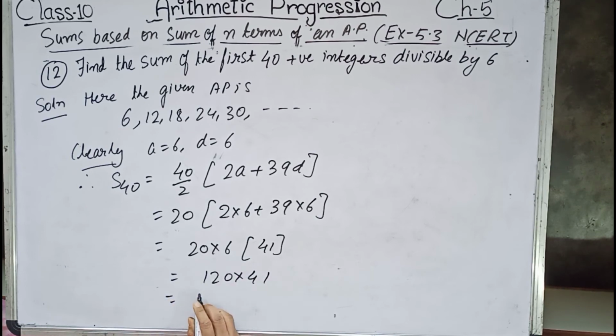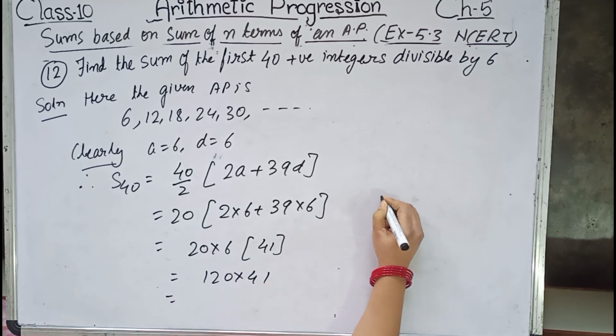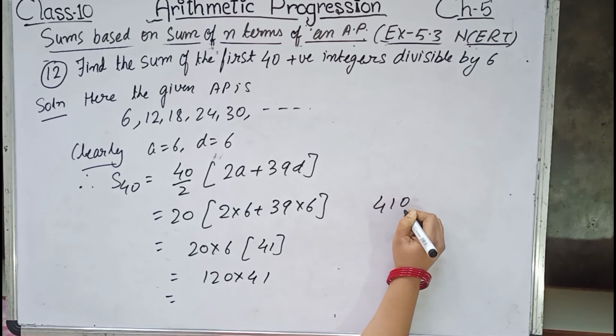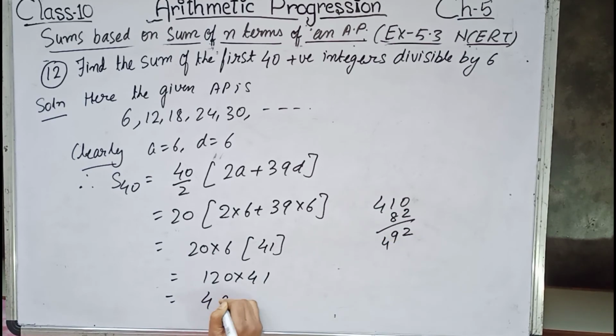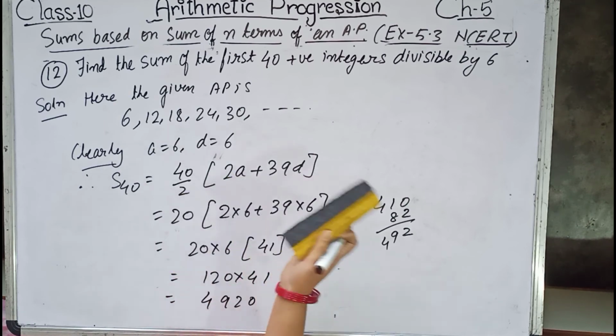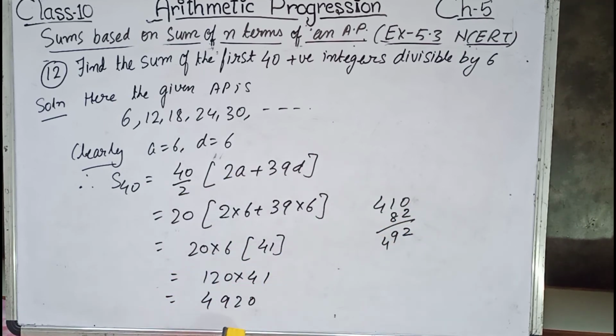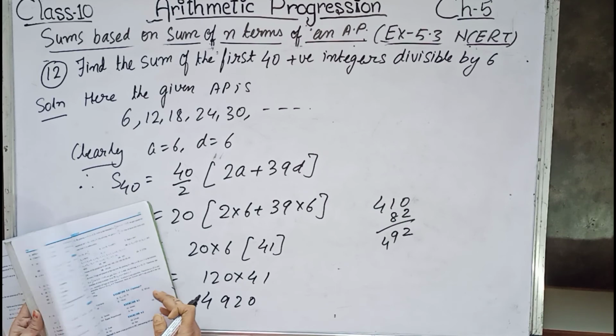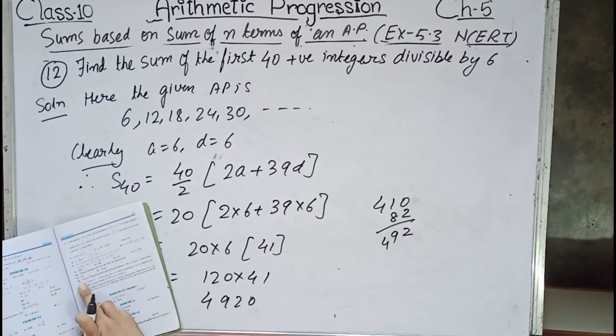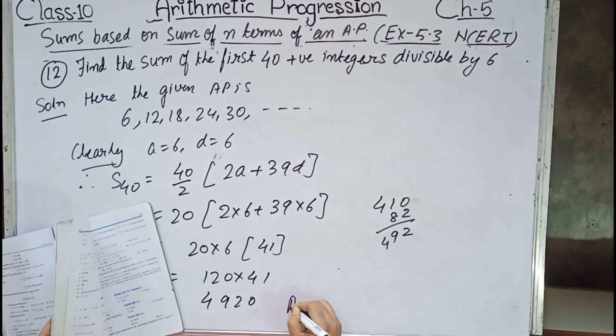So over here 41 into 12, so 410, 4920. Calculation part please do by your own, so that you should be confident in calculation. So the sum of the first 40 positive integers divisible by 6 is 4920. Let us move to question number 13. Question number 12, 4920. So this is the answer.